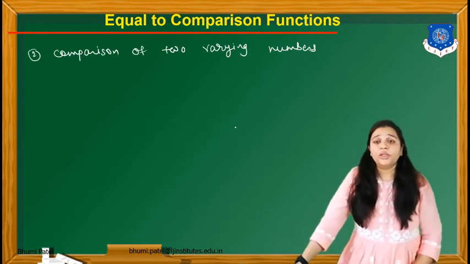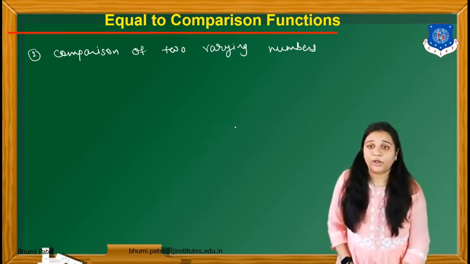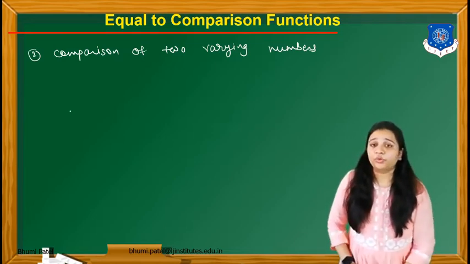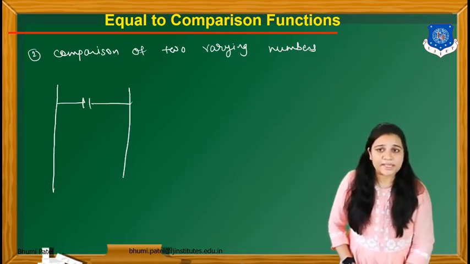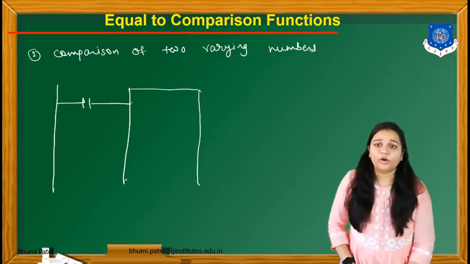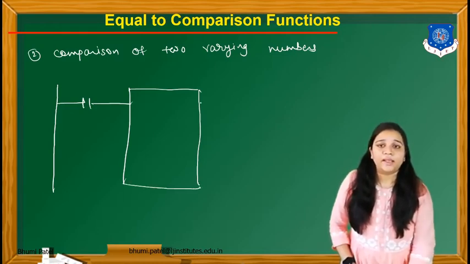We don't know the values of operand 1 and operand 2, and you have to compare these two unknown registers. We don't know the value of the unknown registers. For that we use the same type of block format, and then we take one output.